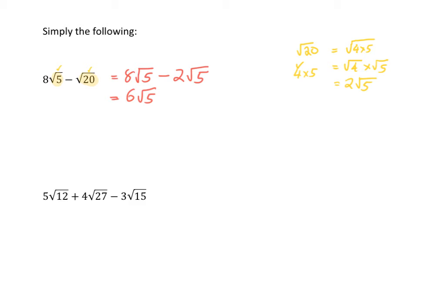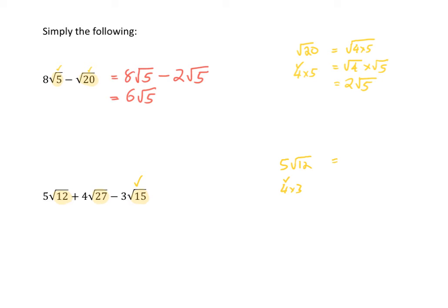So having a look at the numbers that are under my square root symbol, 12, 27 and 15. 15 is already in its simplest form, but 12 and 27 can be further simplified. So 5 times the square root of 12, and the factors I'm going to use are 4 times 3, because 4 is the perfect square.